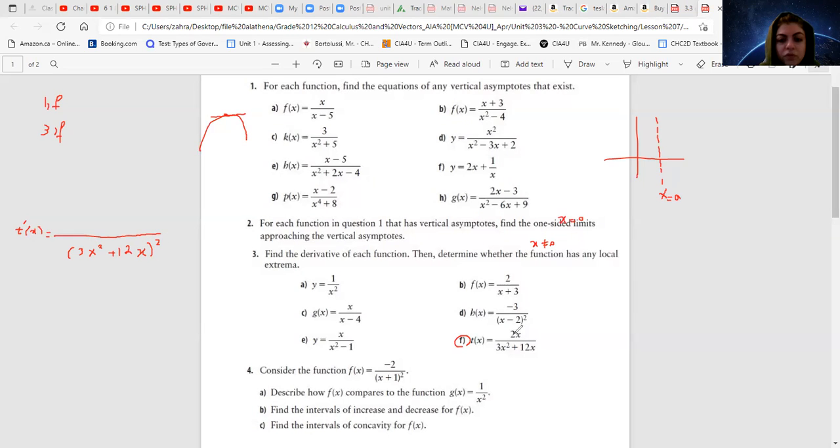So 3x squared plus 12x, to the power of 2. Then the derivative of the numerator, 2, multiplied by the denominator without any change, 3x squared plus 12x. Now your numerator will be minus the numerator without any change, multiplied by the derivative of the denominator, which is 6x plus 12.